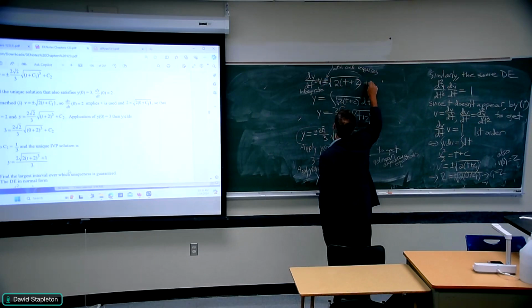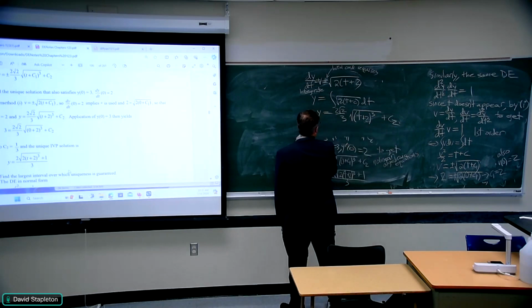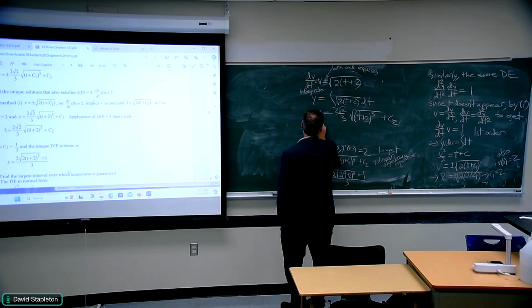With 2 for this, then there's a plus, and now when you integrate this, you get this plus C2 from the second integration. And so there's the solution for y finally, and now you apply y of 0 equals 3.